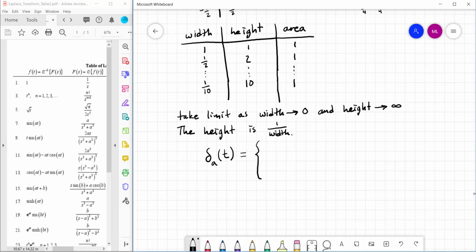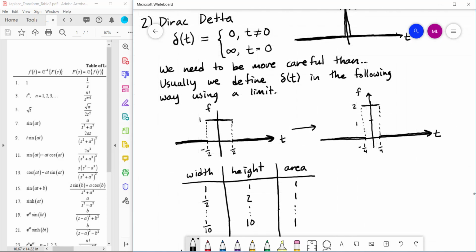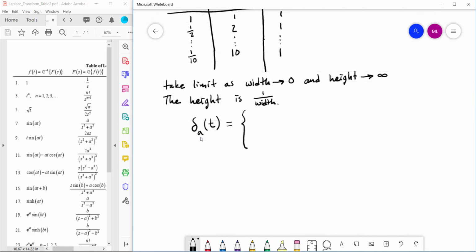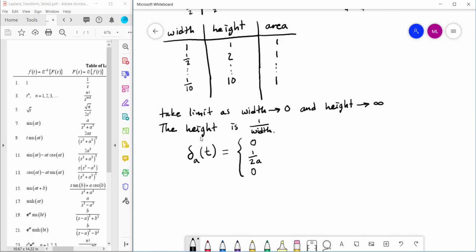This delta with the subscript of a isn't quite the delta function yet. It can take on 3 values. It can take on 0, or 1 over 2a.